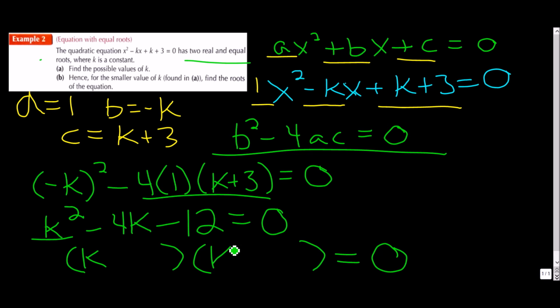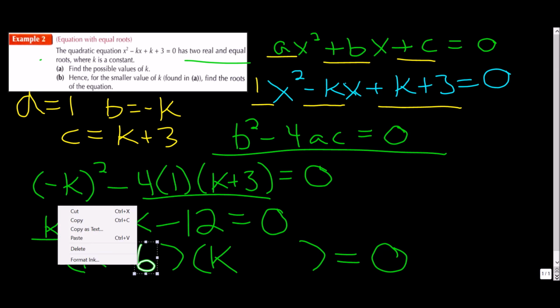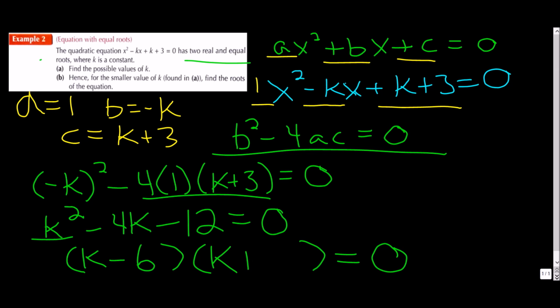Now I need to figure out, because these are single k's, what two numbers multiply to make negative 12 that add to make negative 4? So what are those going to be? Negative 6 and a positive 2 would accomplish that goal for me. So I'm going to go ahead and leave that.